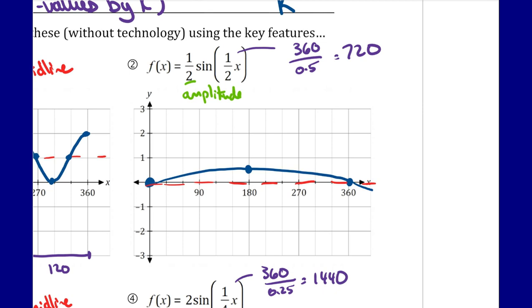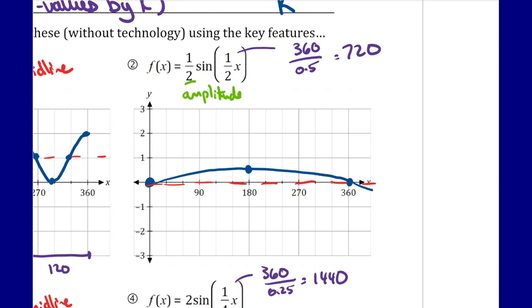So this means I am stretching my graph, so I need to double the distances that they originally are. The starting point is still the same, that's not going to change. Now my maximum used to be at 90. Because I had to double it, it's now at 180. When I came back to my midline, it used to be at 180, but I've had to double it, and now it's at 360 degrees.